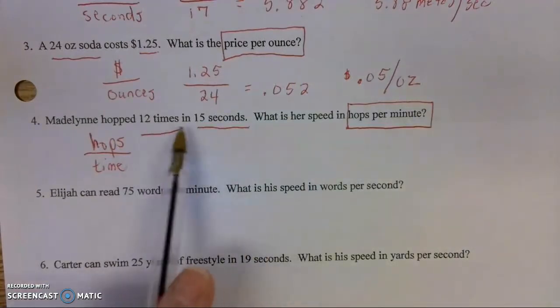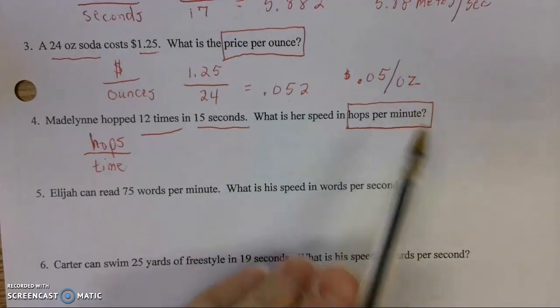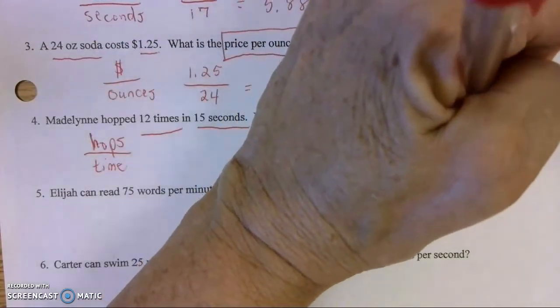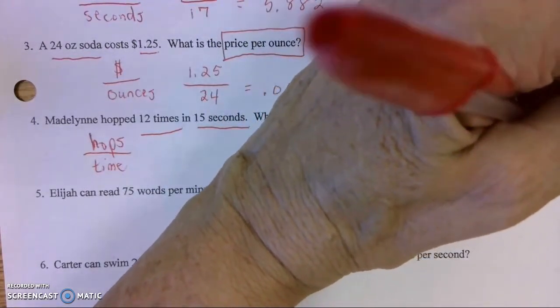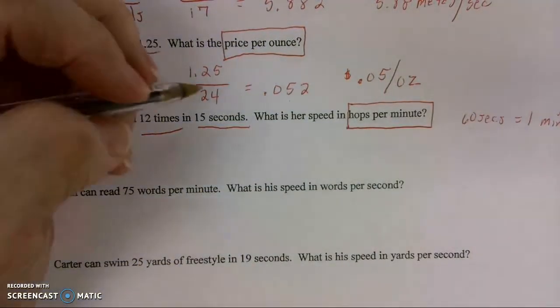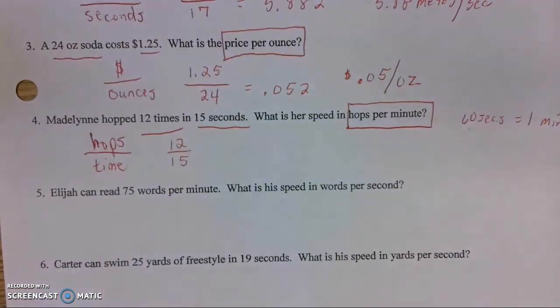My original ratio here is in seconds, but the question wants minutes. So there's one thing you're going to need to know on this problem, and that is that there are 60 seconds in 1 minute. But there are actually 2 ways that I could approach this problem. I still want to put 12 over 15.